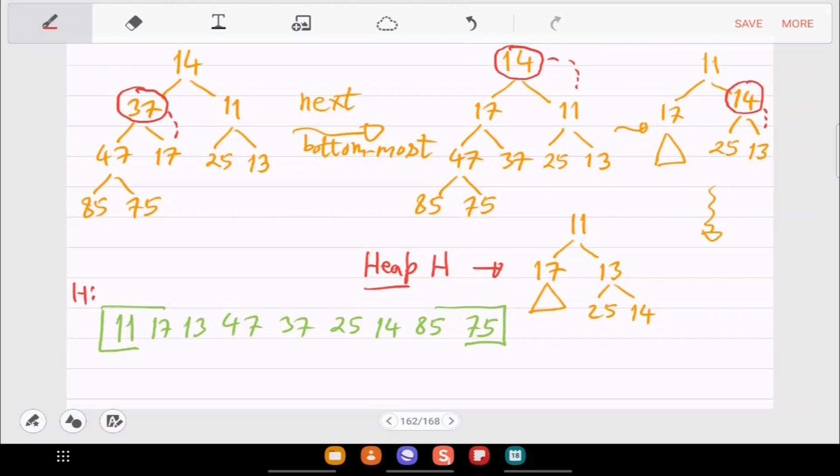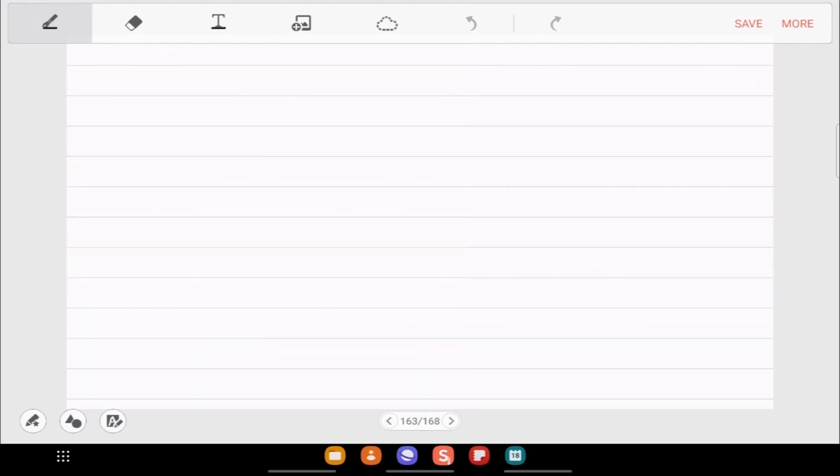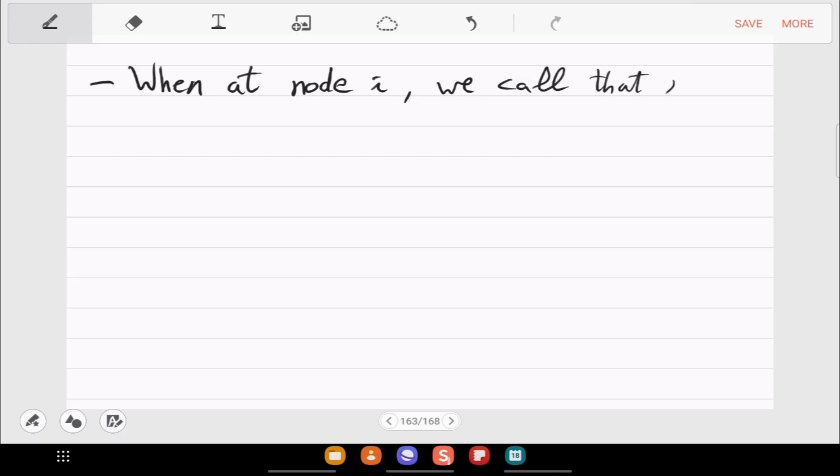Right, this is a complicated pseudocode. So when at the ith node, we call that step, the thing that we are doing in this example, we call it heapify.